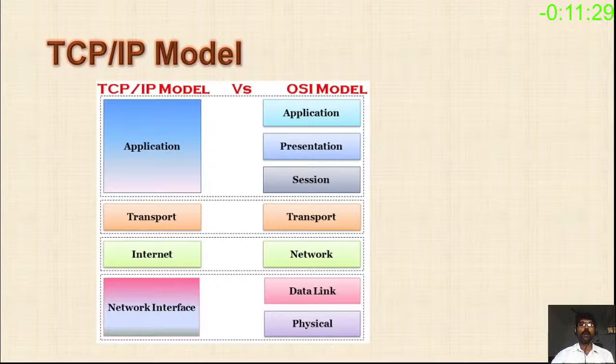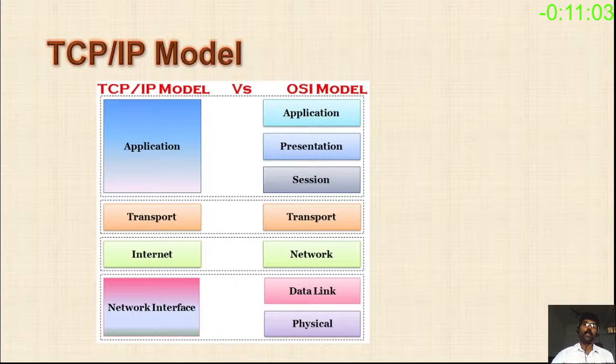The second model is called the TCP/IP model. In the TCP/IP model, there are 4 layers: application layer, transport layer, internet layer, and network interface. When you compare this TCP/IP model with the OSI model, it looks like this.